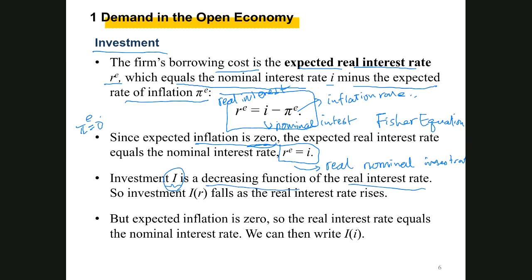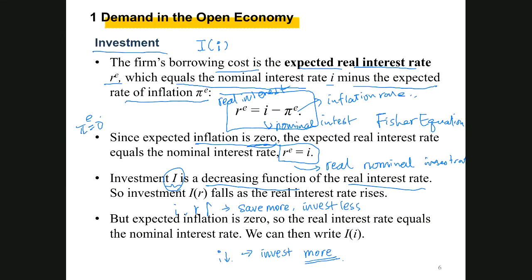If R increases, you are going to save more, so that you invest less. As the interest rate is small, you are going to invest more, right? So by this setting, we know that investment is a function of the interest rate.